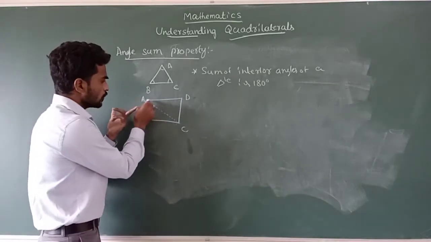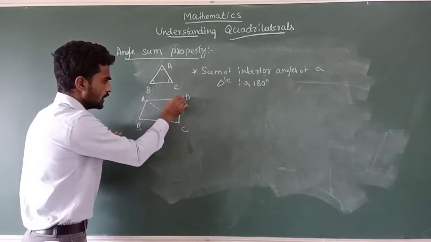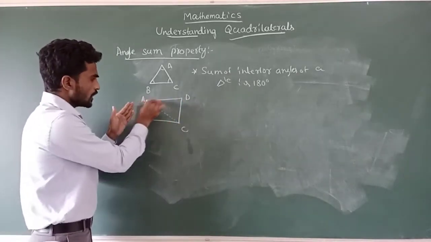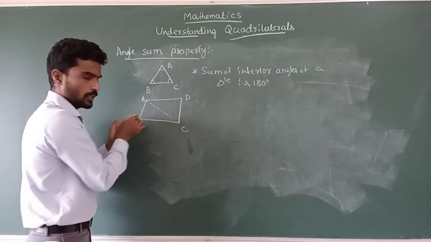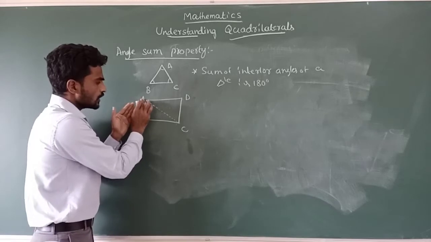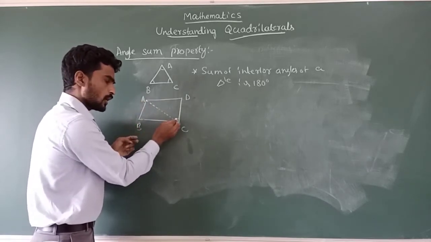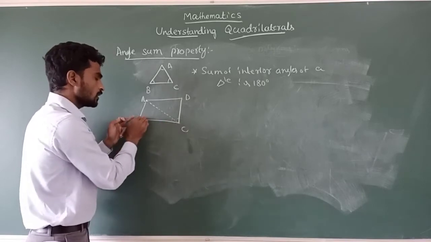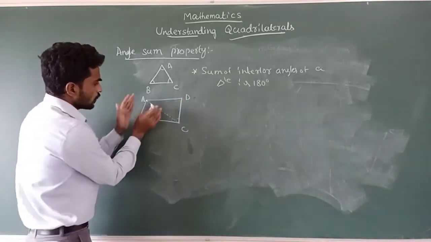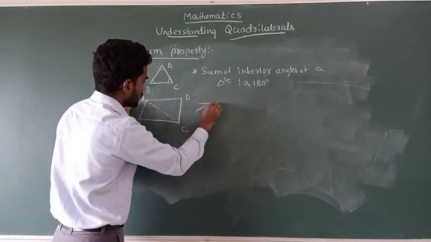Now this ABCD is split into two triangles. One is ACD, another one is ABC. Now we want A plus D plus C plus B. We add these two angles, we get angle A. This angle and this angle, add these two angles, we get angle C. Then angle B and angle D. Now the sum of interior angles of the first triangle is like this.